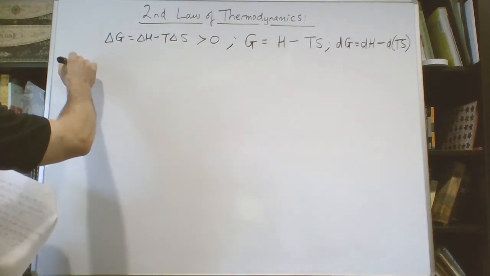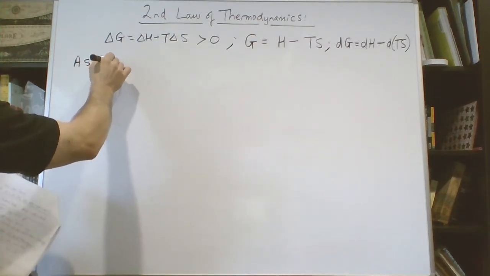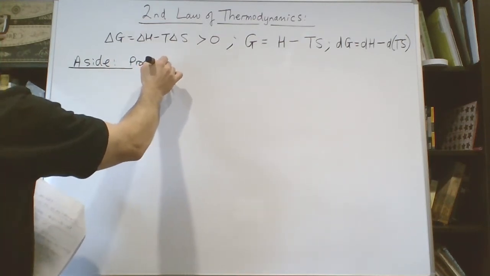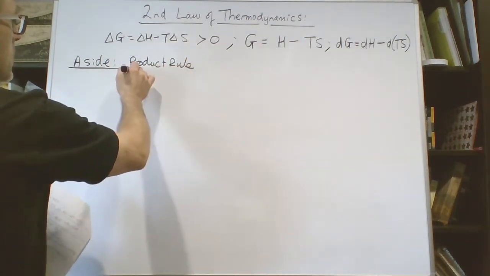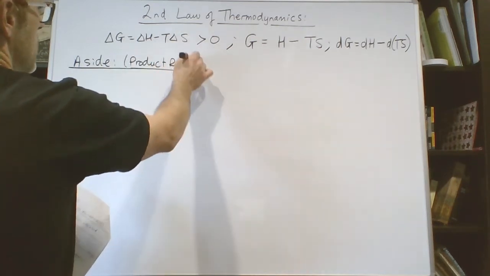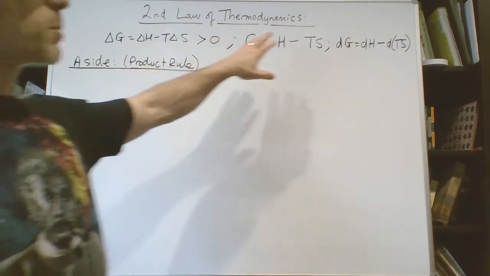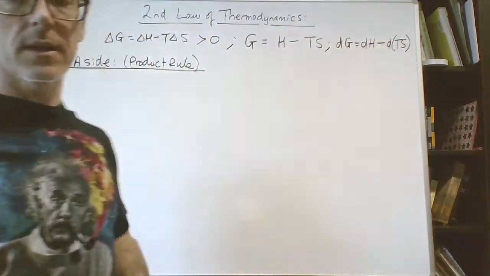And there's a brief aside that will help us move forward, on something called the product rule. We're going to have to apply the product rule here because we have the product TS.